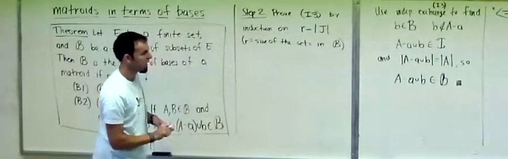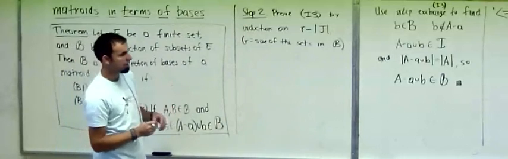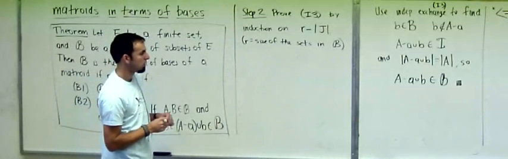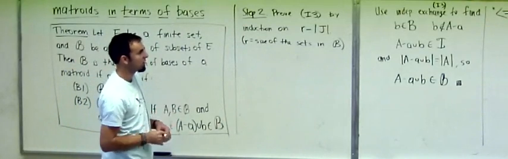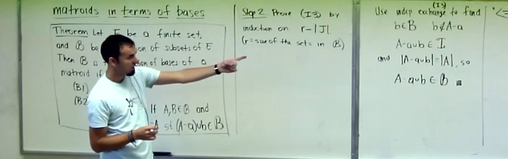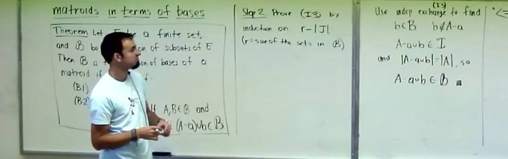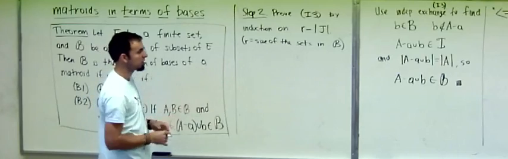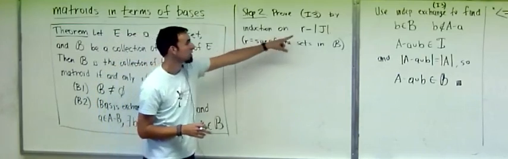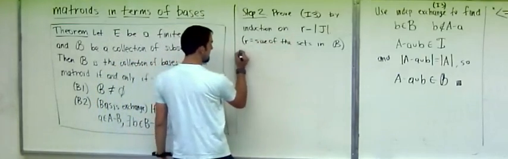So I need to check axiom I3 for any pair I and J of independent sets in that collection script I that satisfy that I is smaller than J. And I'm going to do it by induction on R minus J.